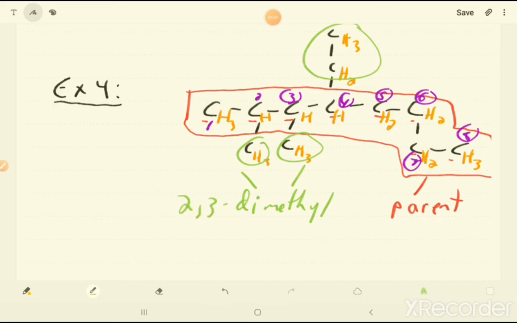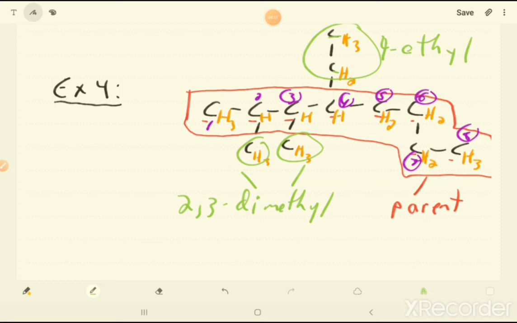So these two occur at 2,3-dimethyl. This one over here has 2 carbons. And so when we go back to our prefixes for the organic chemistry compounds, this would be eth. And it's ethyl because it is a branch, and it occurs at the 4th carbon. So we got 2,3-dimethyl, 4-ethyl.